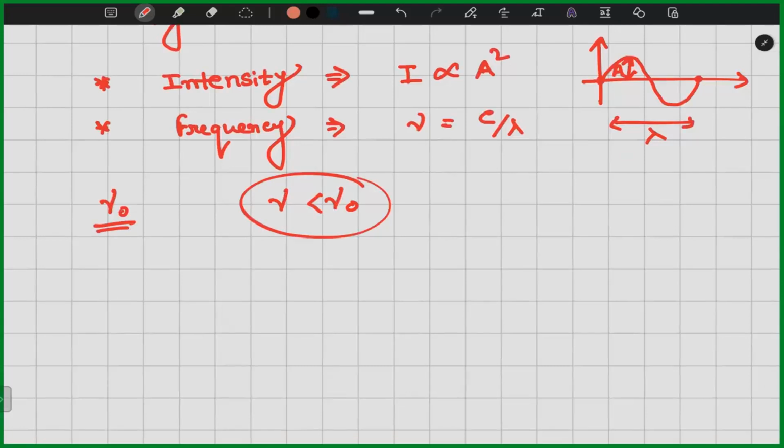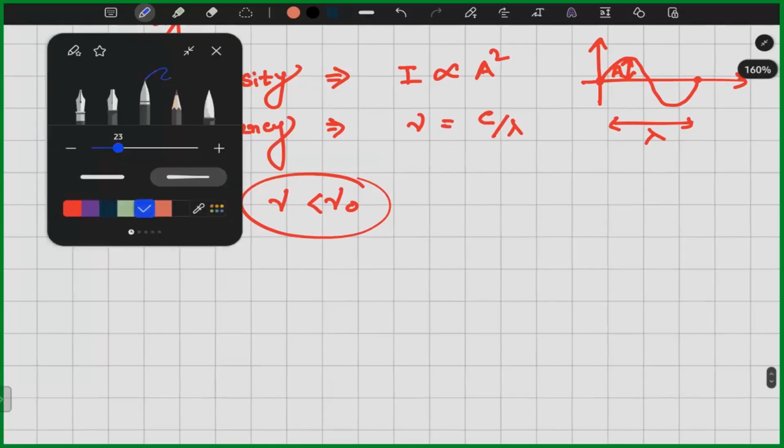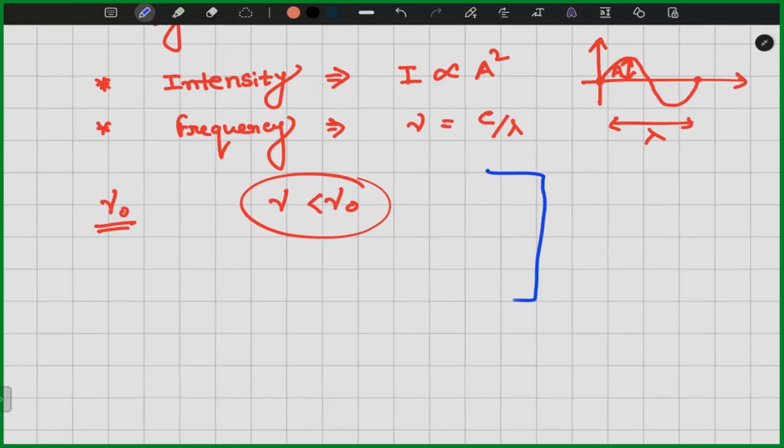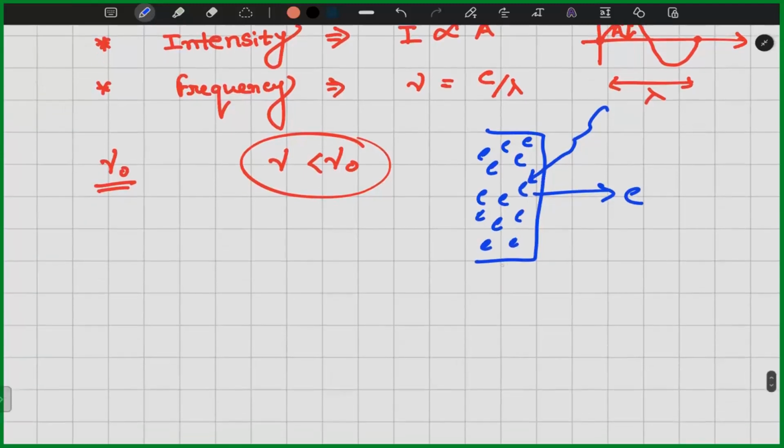No photoelectric current means no electron is emitting from the plate C, which means the radiation is not able to take electrons out of the metal. Let's see, this is our metal plate C. Here lots of electrons are there. These electrons are bound to the metal plate. When light is irradiated, the electrons come out. This was our observation.